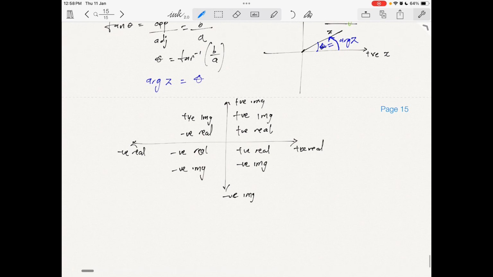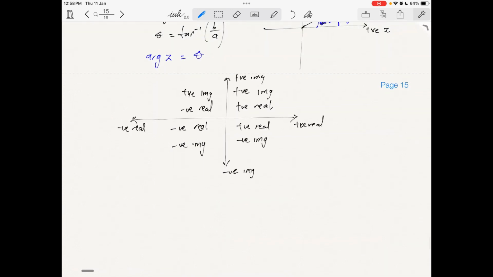Now in that case, we have looked at this, we've established this, and now let us go on and establish this. We can assume this to be a plus bi, and we can take this to be a. The real number is negative, the imaginary is positive, that's minus a plus bi.